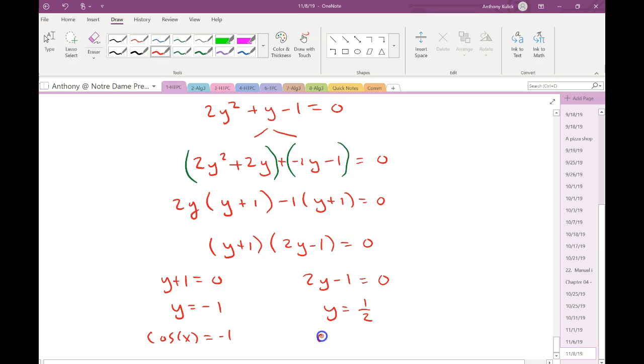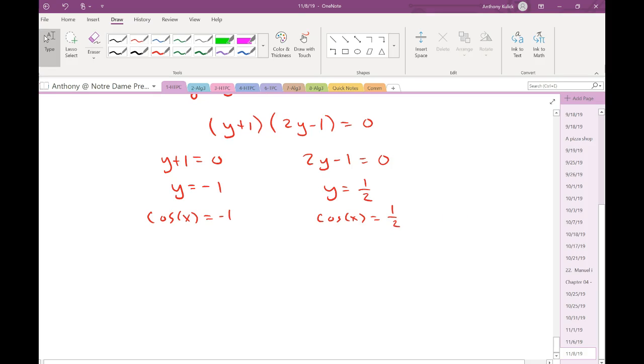So I need to substitute back in cosine x, which was what y is equal to. So I will take the cosine inverse of each side. And now I'll go to the unit circle to retrieve the values.